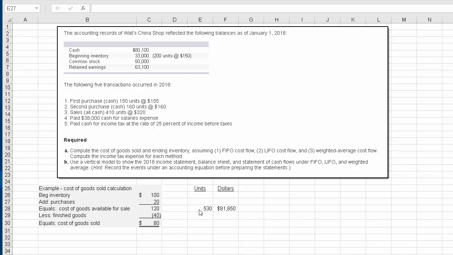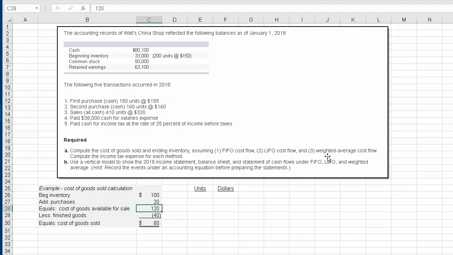Before we start, here's an example of a cost of goods sold calculation. Basically, you take beginning inventory, you add your purchases to come up with cost of goods available. And then you have to figure out what's the value of finished goods and what's the value of cost of goods sold. The point of this little example is that cost of goods available will be the same regardless of the method we use for valuing inventory.